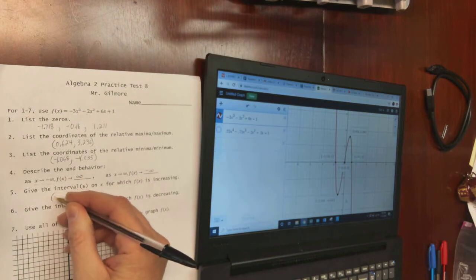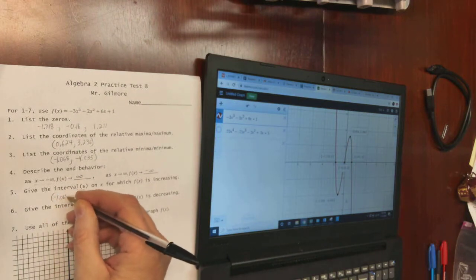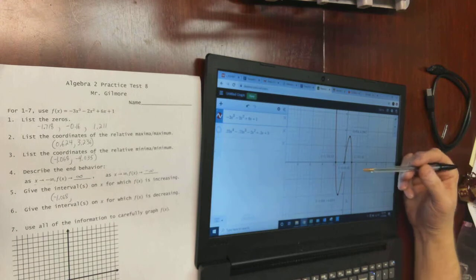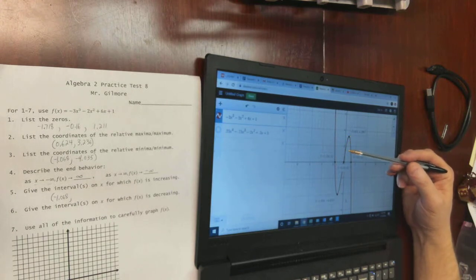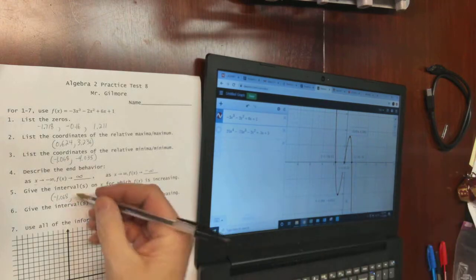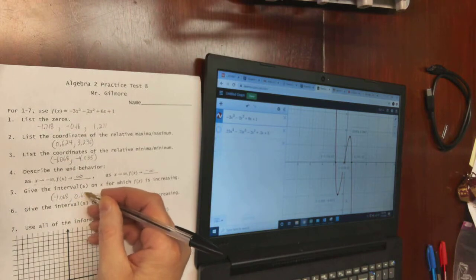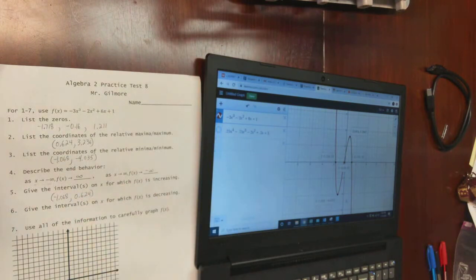So it's increasing from negative 1.068 until it gets to this one right here, until it gets to 0.624. That is an increasing part.